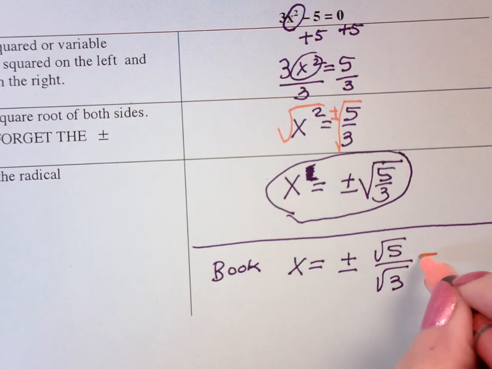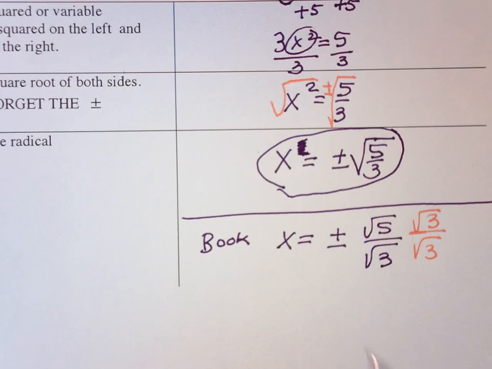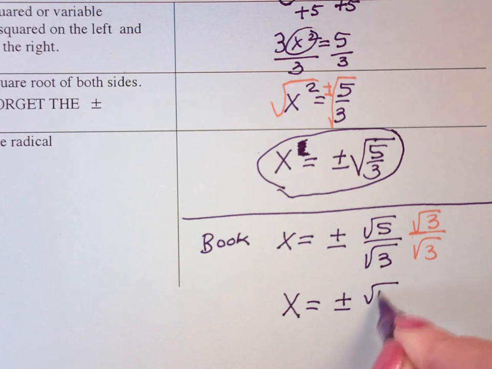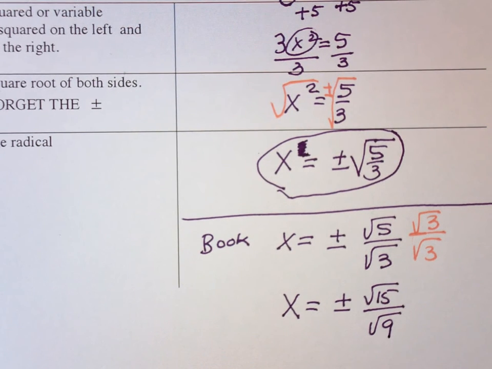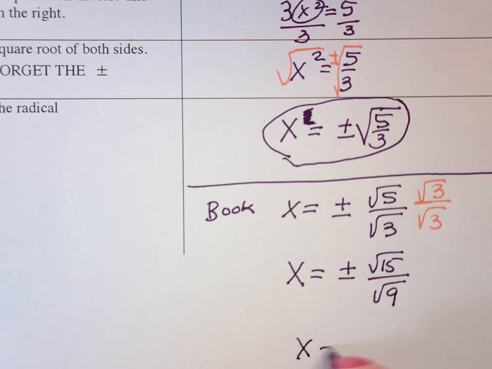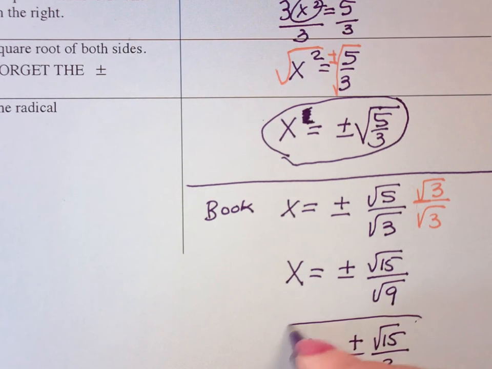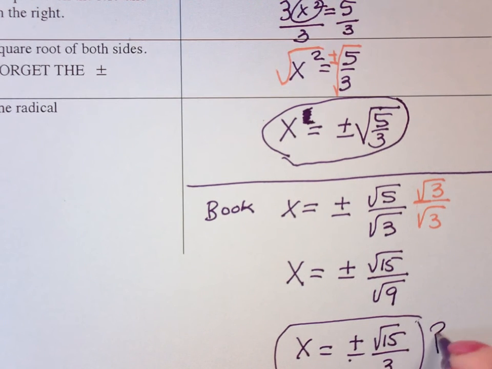Since it's a square root, I just multiply it by itself. So that x equals plus or minus the square root of 15 over the square root of 9, or x equals plus or minus the square root of 15 divided by 3. So this is what your book would have as an answer.